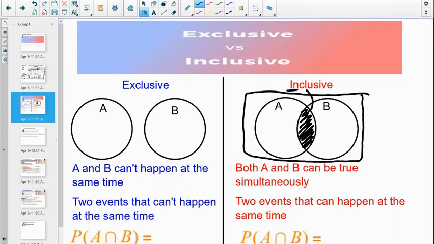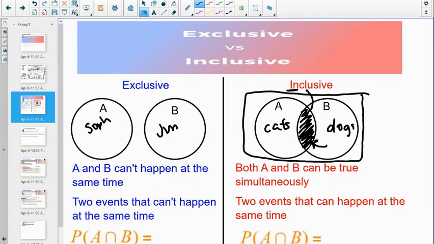Versus inclusive, like that pet example, if you had cats or dogs, you can have both a cat and a dog where they overlap here. Versus this one, you can't be both a sophomore and a junior.